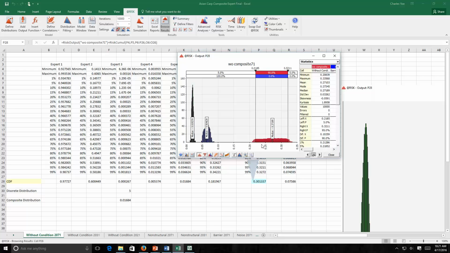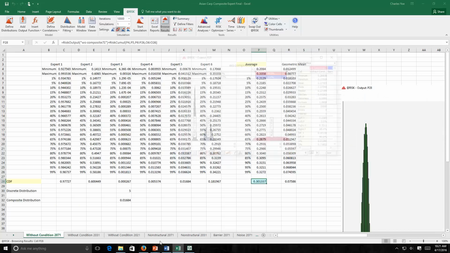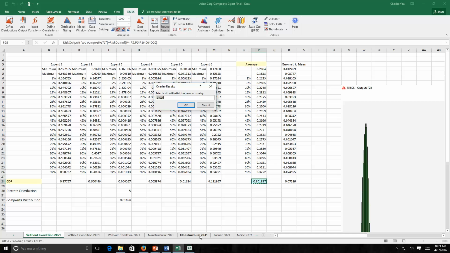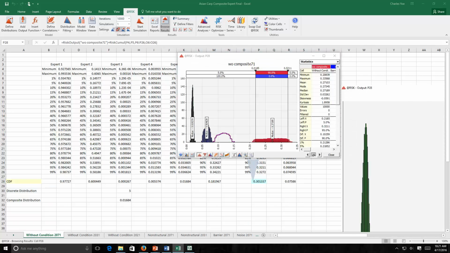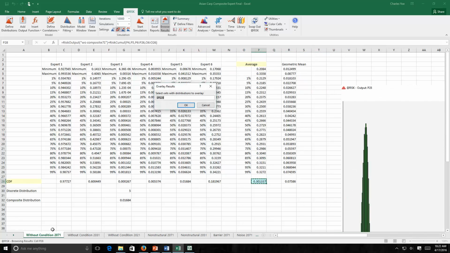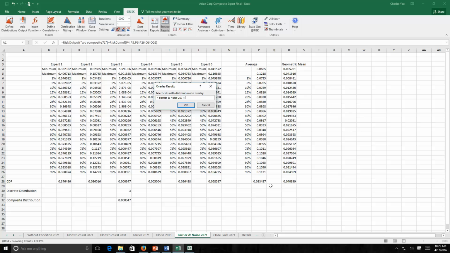When we're trying to convey the effectiveness of plans, let's see if we can add, we have the non-structural plan, the barrier, will add the noise plan here. There's the plan with noise, and if we add, let me see, we get the barrier and noise, and add that to our graphic.